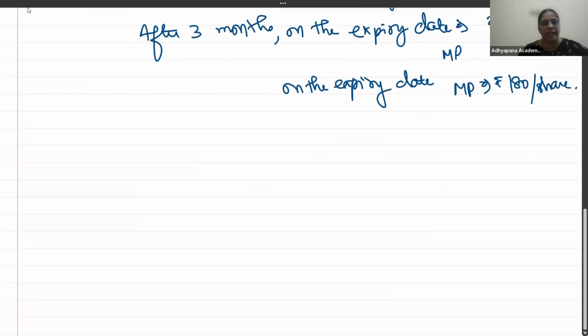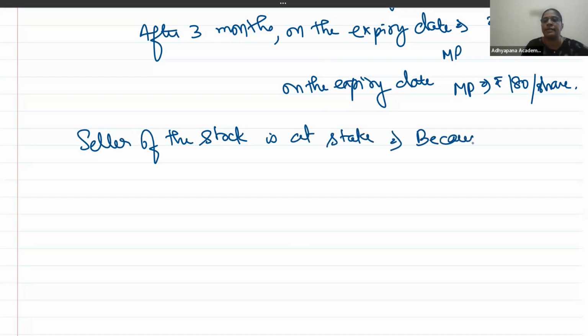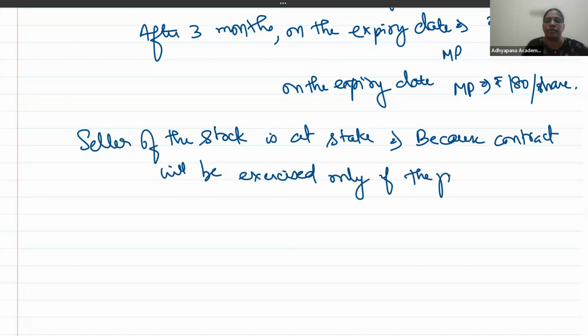So, since the seller is at stake, how is he going to be protected? Why is he at stake? Because the contract will be exercised only if the price is favorable for the buyer.